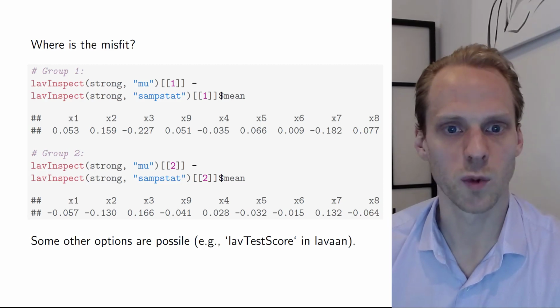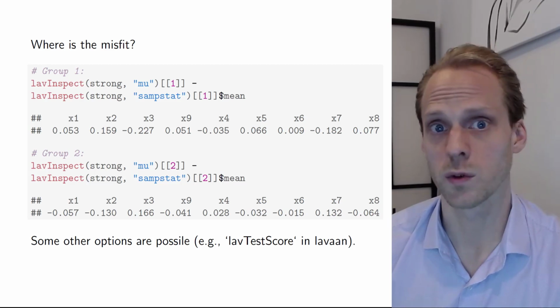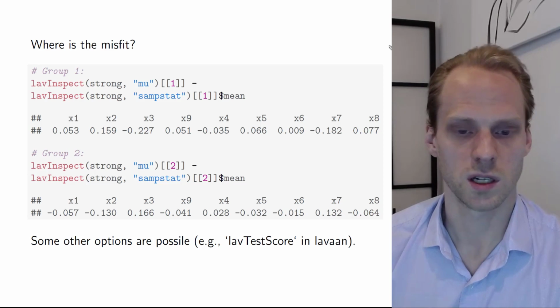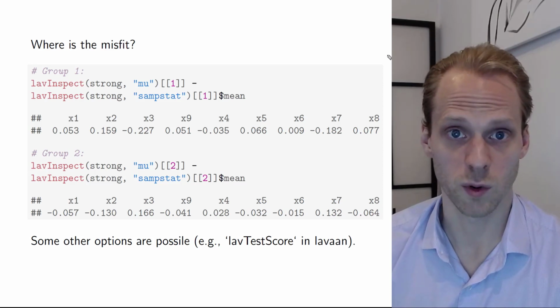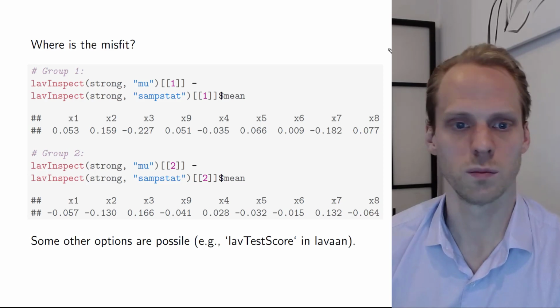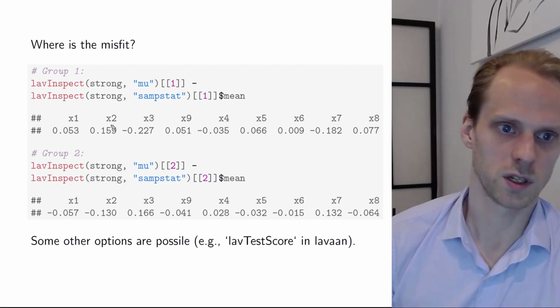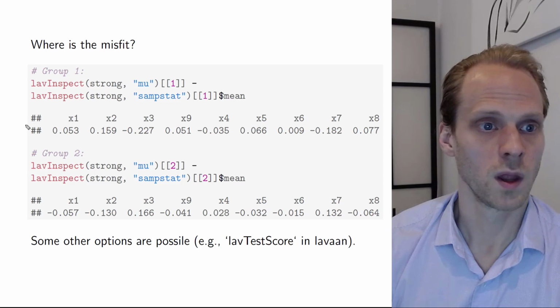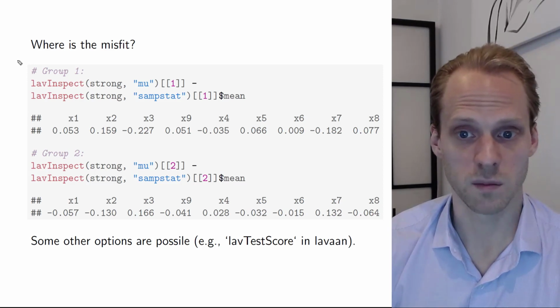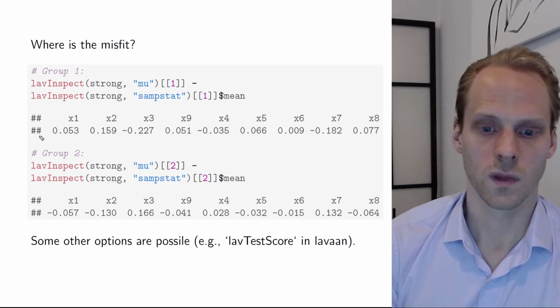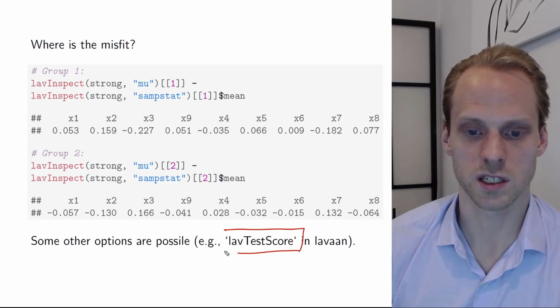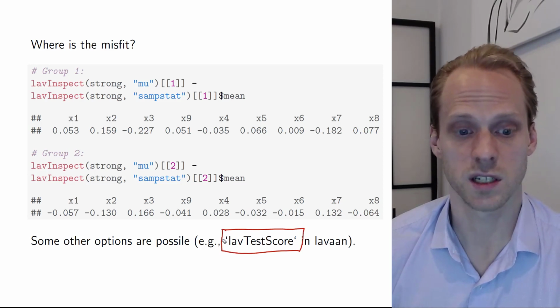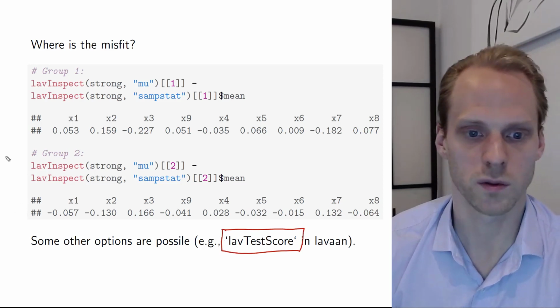Lavaan has another type of modification indices that can also help you find which parameters you can free from constraint to best improve your model. But the easier way is simply to look at the differences in observed and implied means. The score test is the test in lavaan for the modification indices actually, which is more powerful.